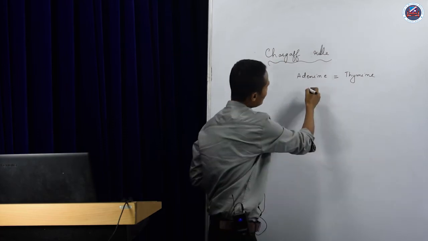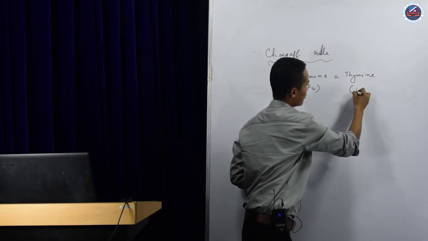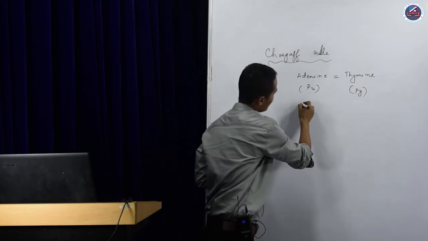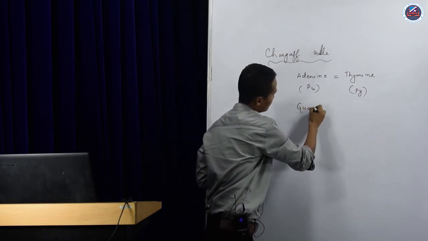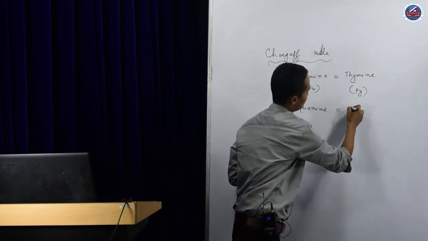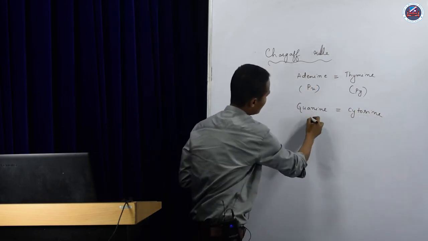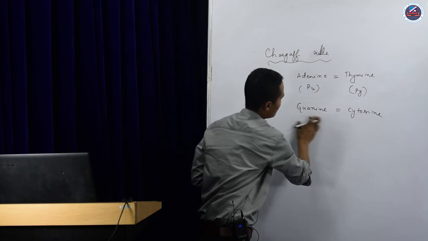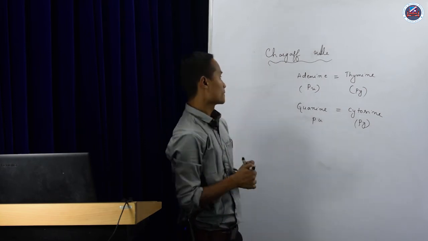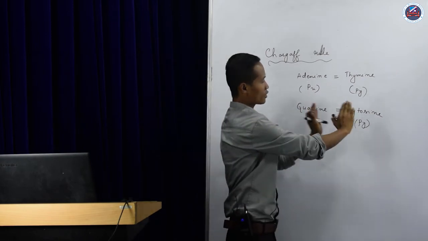You know that adenine is a purine and thymine is a pyrimidine. And guanine is equal to cytosine, where guanine is a purine and cytosine is a pyrimidine. So adenine equals thymine, guanine equals cytosine.